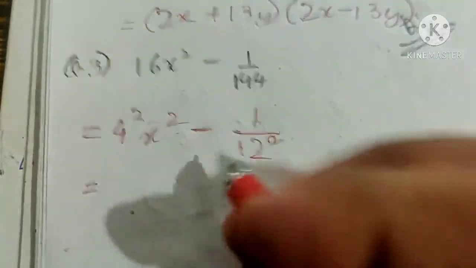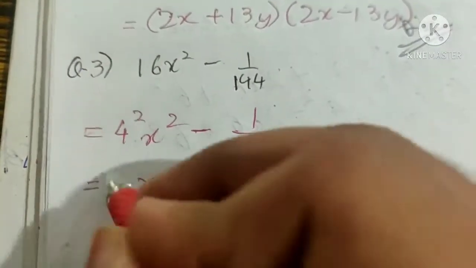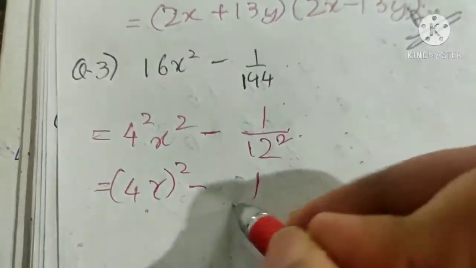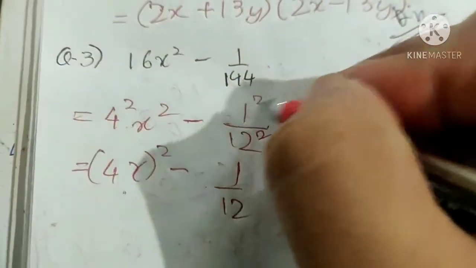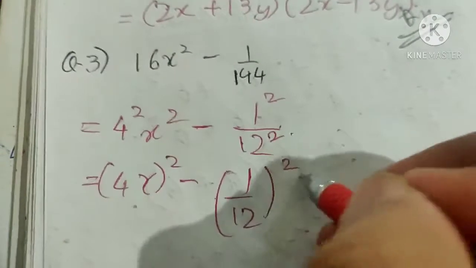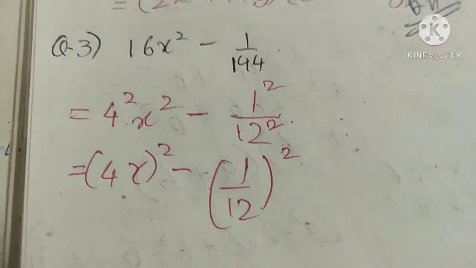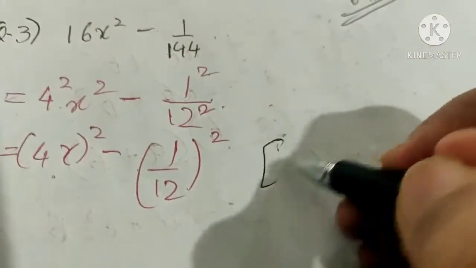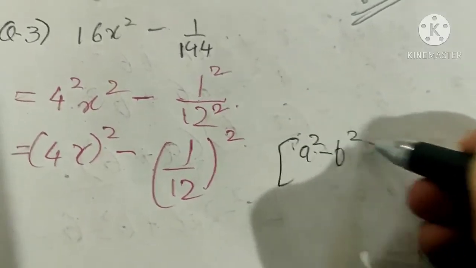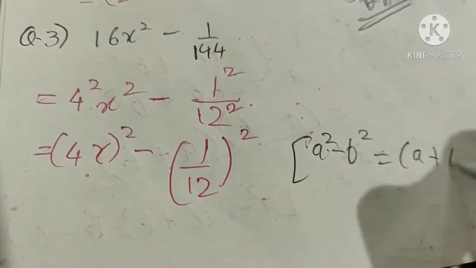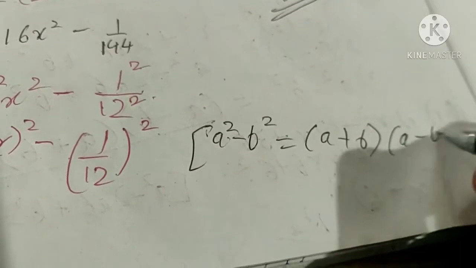Okay. So here it can be written as 4x whole to the power 2 minus 1 by 12, and 1 can also be written as a whole square, so 1 by 12 to the power 2. So yes, these are the terms present in the form of a square minus b square equals a plus b, a minus b.